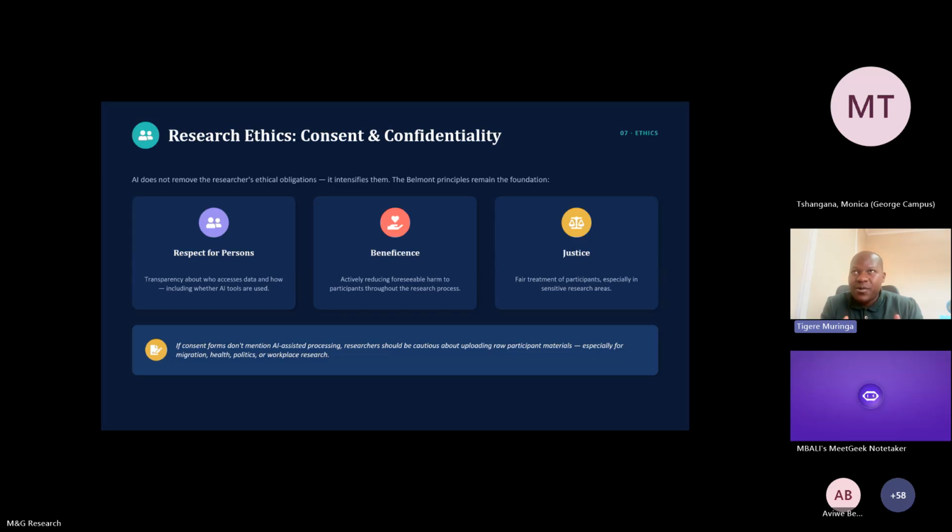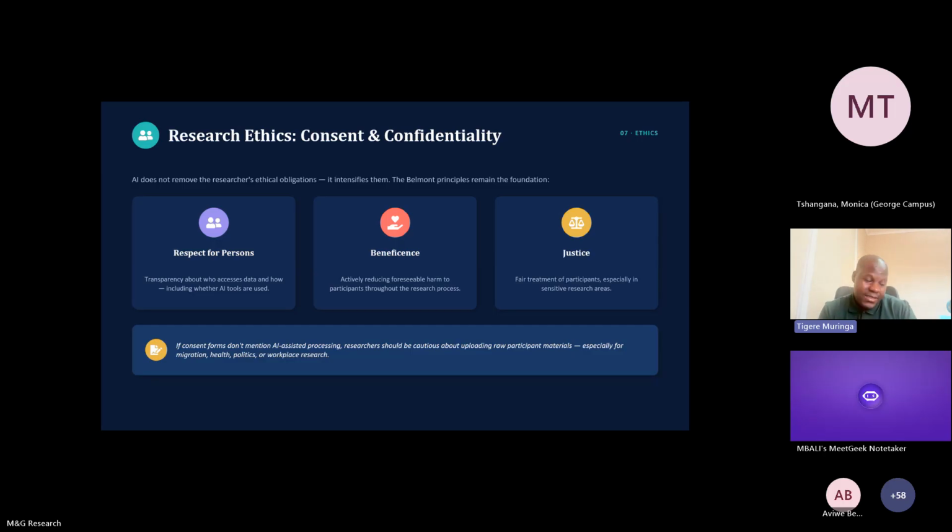So, research ethics, consent, and confidentiality. We say AI does not remove the researcher's ethical obligations. Instead, it intensifies them. Informed consent forms should specify who will access participant data.